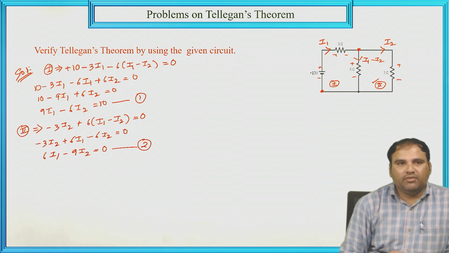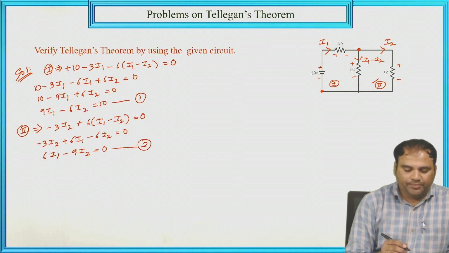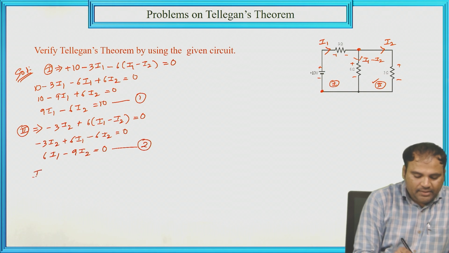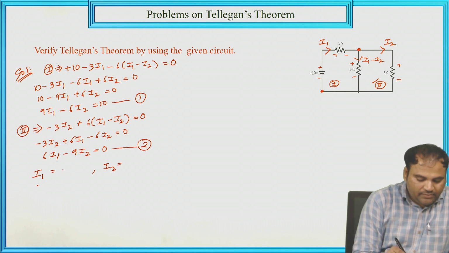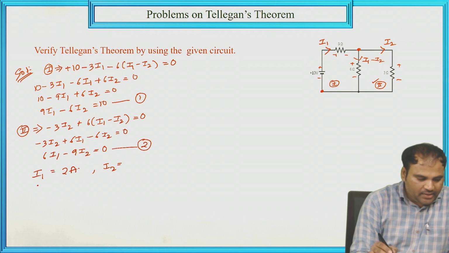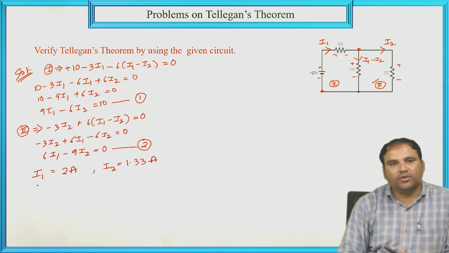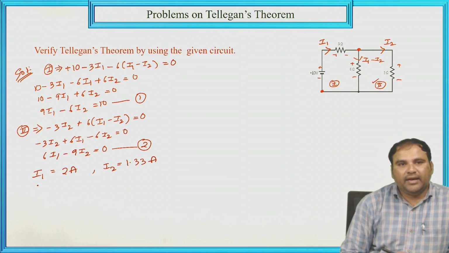Now by solving equations 1 and 2, we'll get the I1 value and I2 value. So here the I1 value is 2 amperes and the I2 value is 1.33 amperes. Okay, so these are the I1 and I2 values.